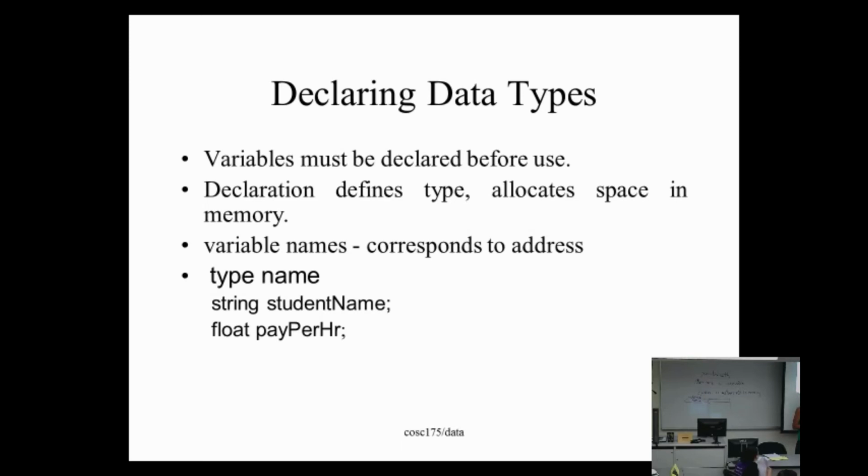So that's how we declare a variable: by saying the type of the variable, the name of the variable, followed by a semicolon.